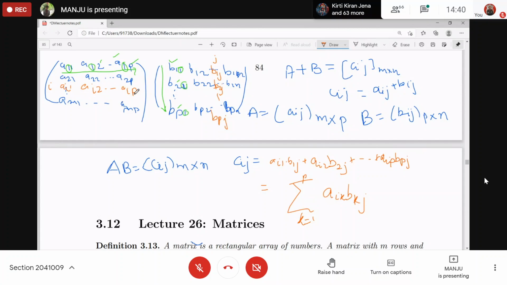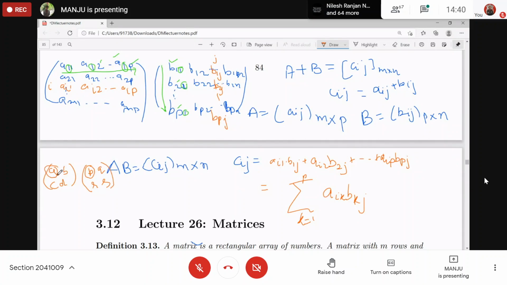We can take 2 cross 2, that is A, B, C, D, and here we have P, Q, R, S. You tell me A11 is multiplied by B11, right? So the ith row of this one is multiplied with the jth column of this one, right?